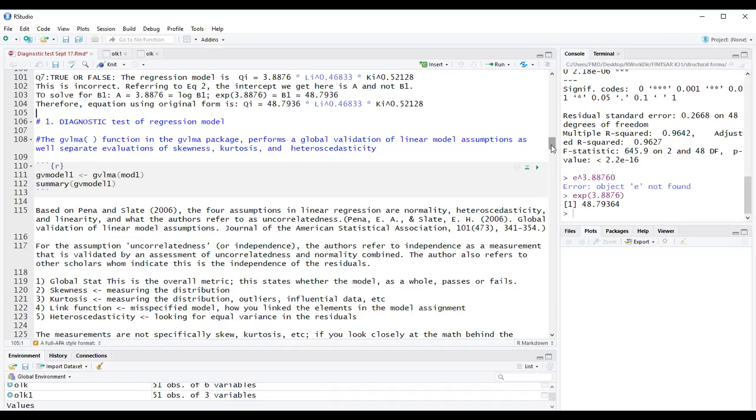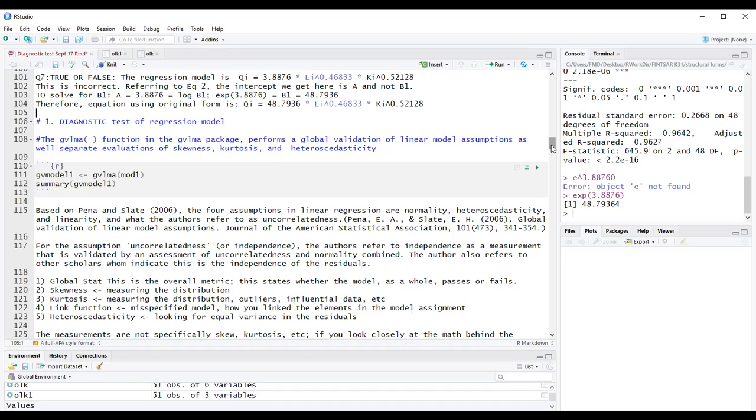Third, ano pang assumption natin? Independence of errors. Dapat independent sila, dapat walang autocorrelation among the error terms, but it's more a function of time series. Ano pa? Normally distributed dapat yung residuals, although hindi naman siya ganun ka-strict na requirement.